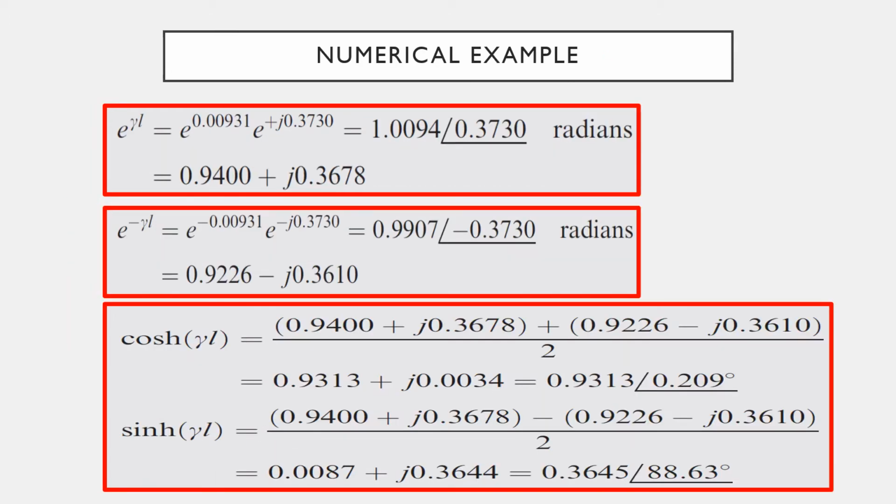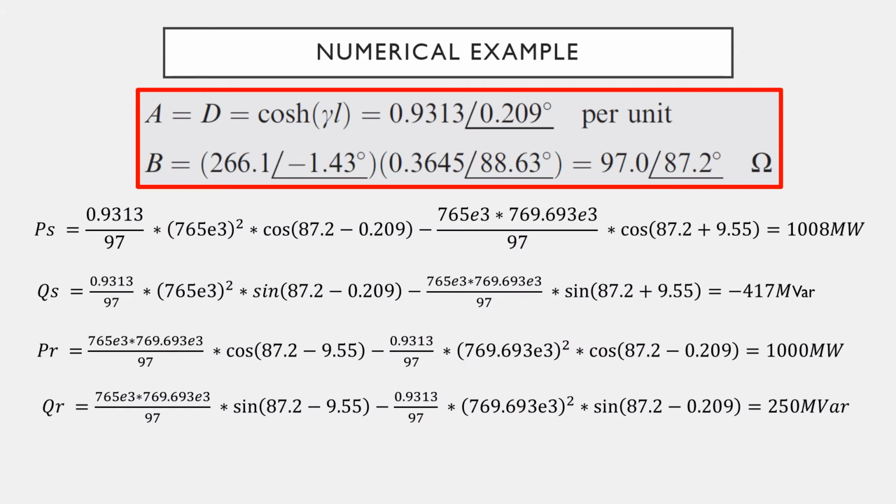Using the gamma, we can find e power gamma L and e power minus gamma L, and we can find cosh gamma L. It is equal to e power gamma L plus e power minus gamma L divided by 2. Similarly, we can find sinh gamma L. Using the above equations, we have found the values of ABCD.